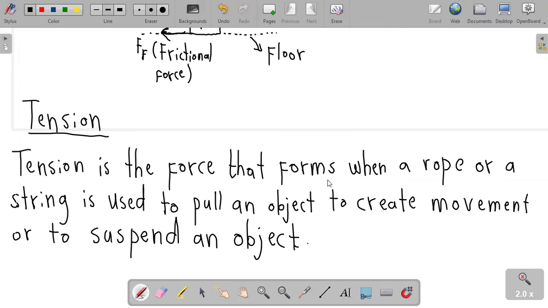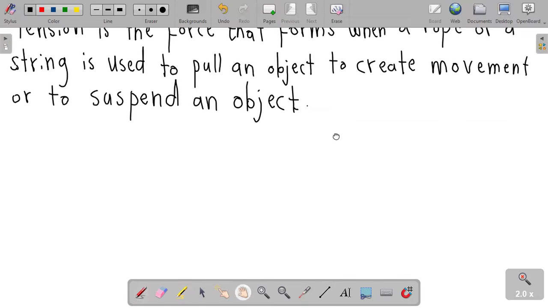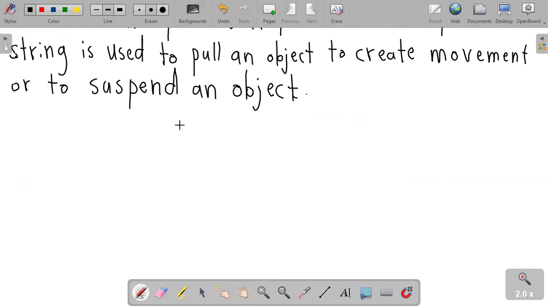Now let me use a diagram here to illustrate. Suppose you have a block. Let's say the block has a mass m, and the object is again resting on the floor.